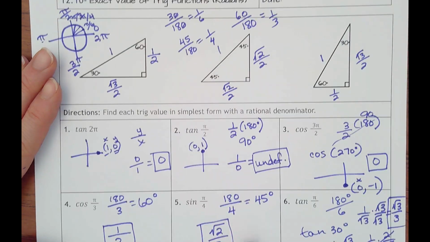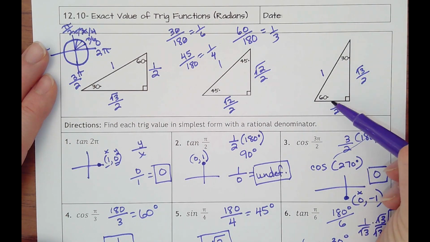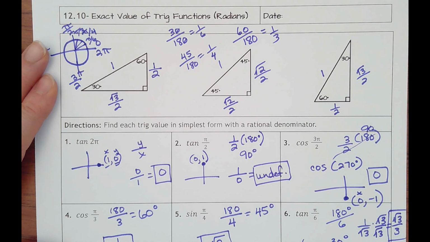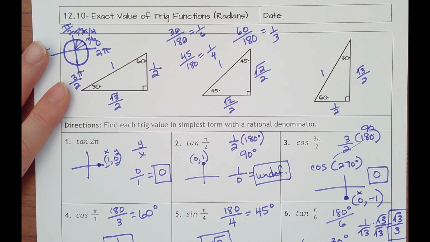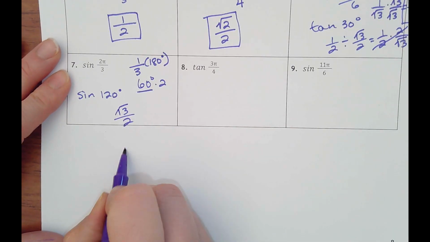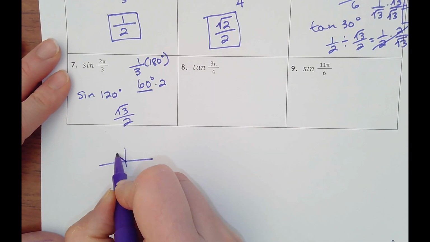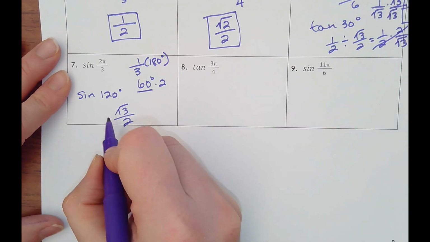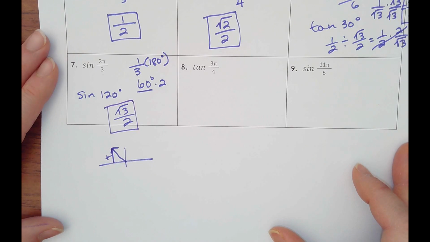So go from here, the opposite to 60 is square root of 3 over 2. The only question is, where does 120 degrees fall, in what quadrant, and then what is sine in that quadrant? And so sine of 120 would be in here, where y is positive, so this would still be positive.